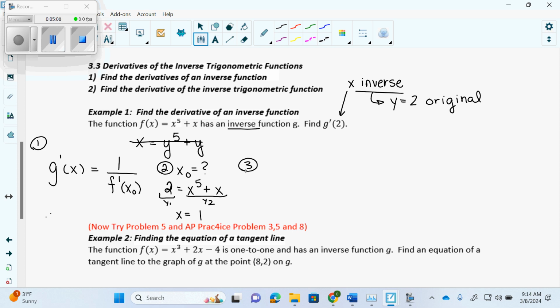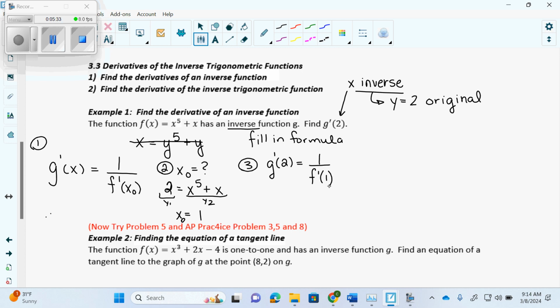All right, so now we can fill into our formula. So we have g prime of 2, which is what we're trying to find, equals 1 over f prime of what? What we just found x0 to be? 1.